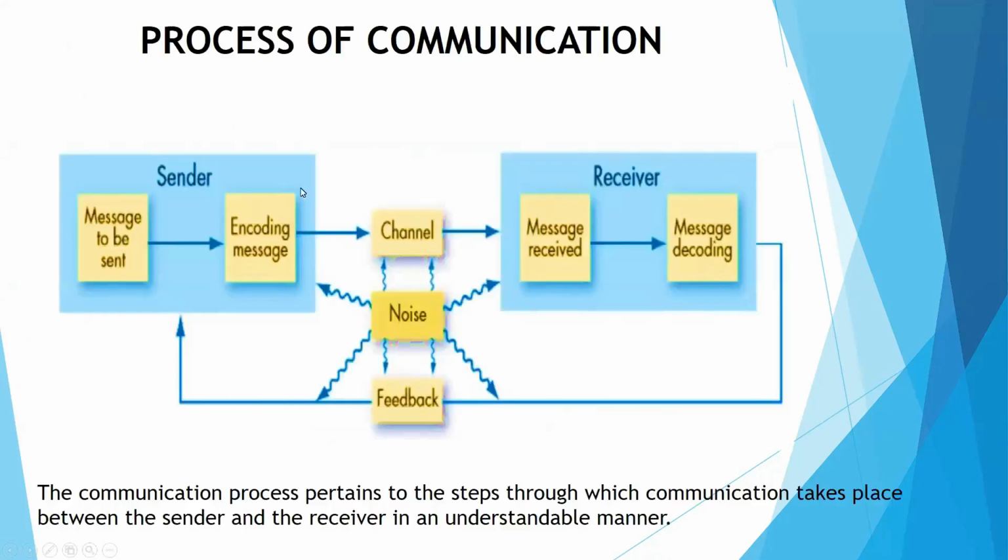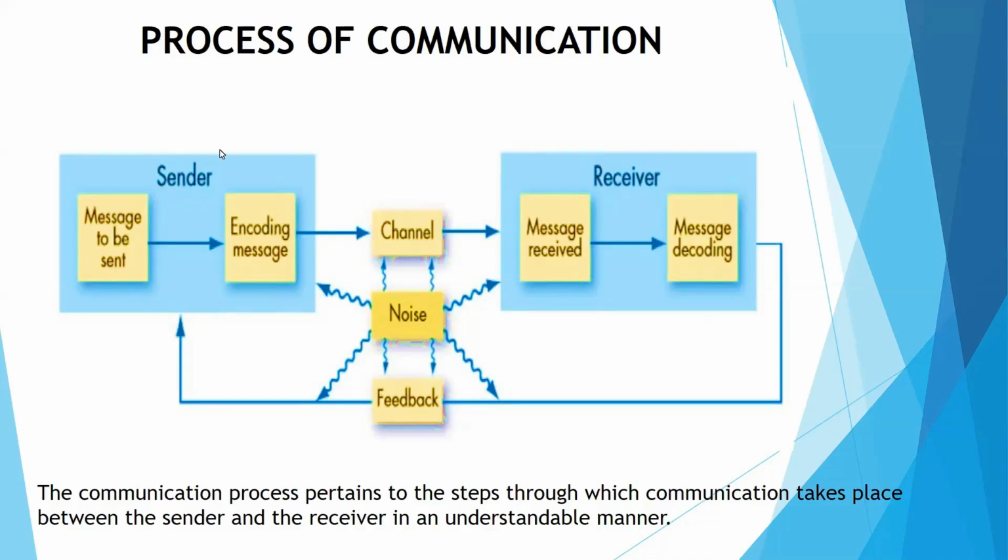So I have here, just like what you can see on the screen, the illustration of the process of communication. And when we say process, from the word itself, it means it has steps in order for us to successfully communicate.